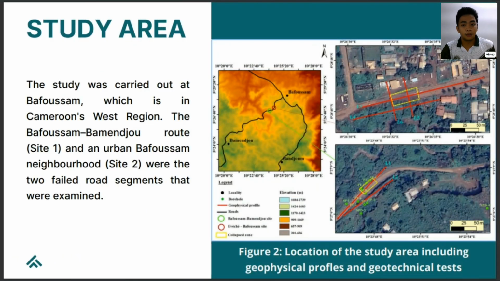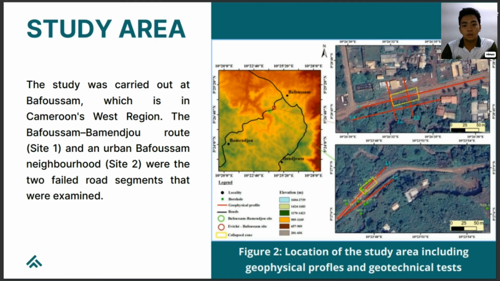Now for our study area. This study was carried out at Bafusam, which is in Cameroon's west region. The Bafusam-Bamendu route and the urban Bafusam neighborhood were the two failed road segments that were examined, with steep hills and elevation ranging from 1,200 to 1,500 meters.